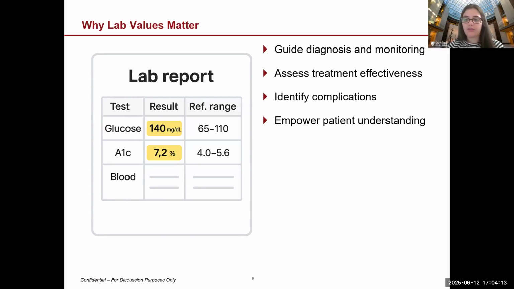Second, they tell us if the current treatment is working or if it needs adjustment. Third, they help us catch the complications early, such as kidney or heart issues, even before symptoms appear. And last but not least, labs will give patients something to understand and follow, which helps with engagement and self-care. So remember, the goal isn't just to run the tests, but to use them to personalize the care and empower the patients.